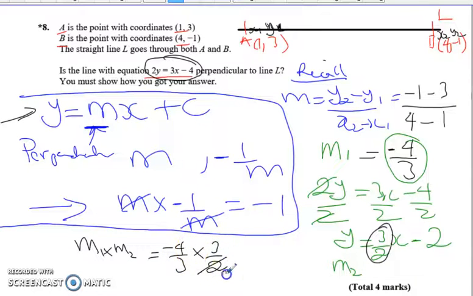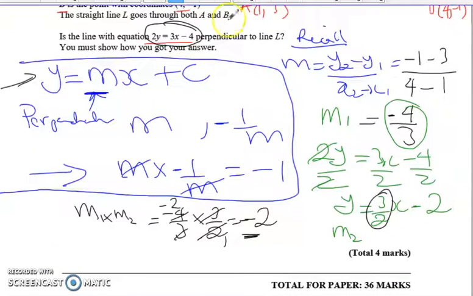Simplify. What do we actually obtain? -2. Now, since that is -2 and not -1, we clearly know that they are not perpendicular.